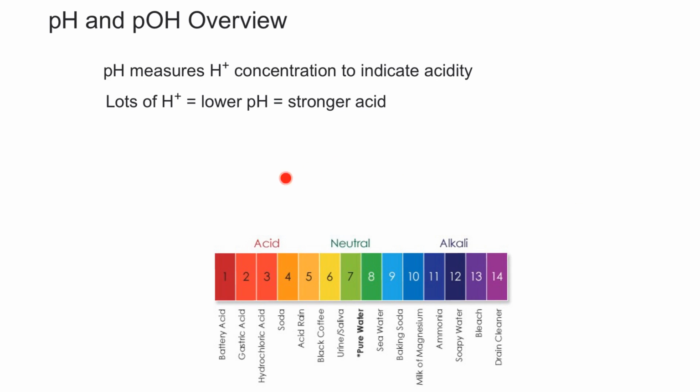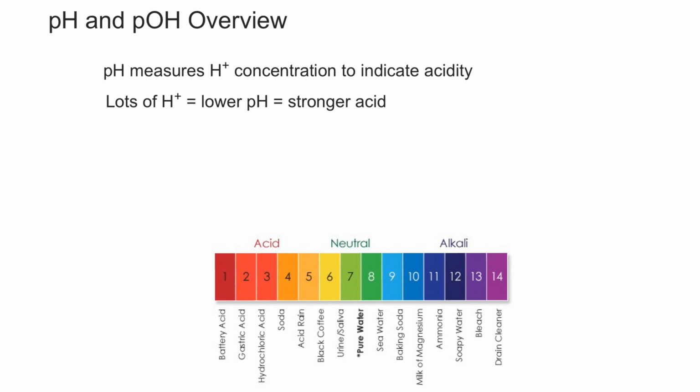So right here we have a common pH scale, and the numbers indicate the pH value, and down here there are some common examples for those pH values. To understand a pH scale, you want to understand what each value is telling you.